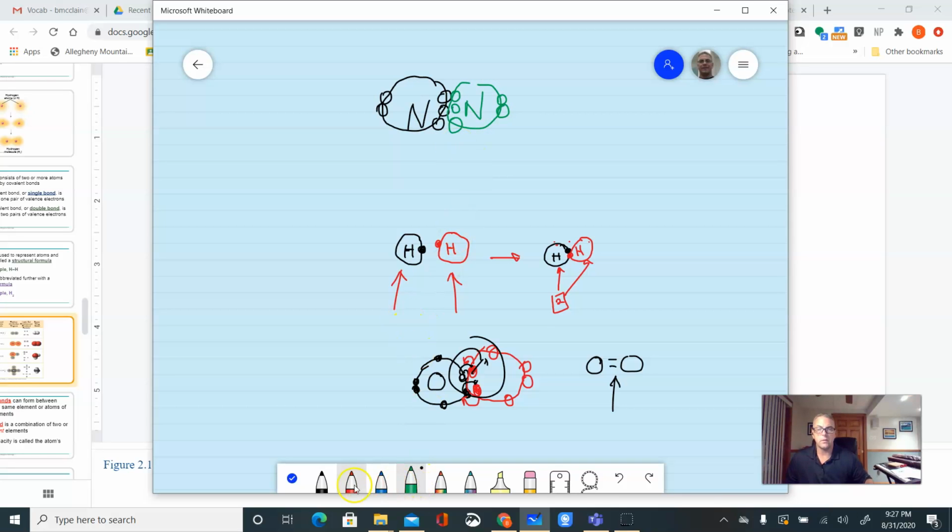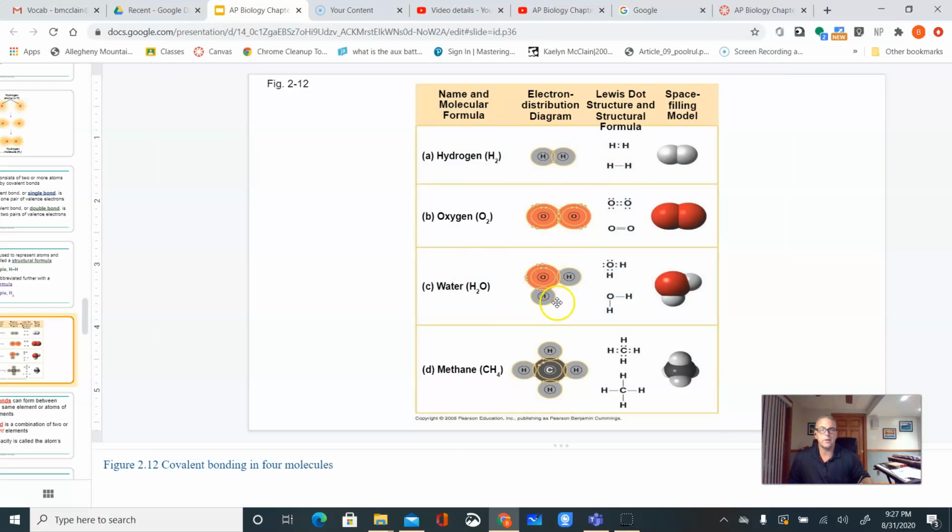Okay, so if we're sharing each of these right here, let's take a look at it. 2, 4, 6, 7, 8. 2, 4, 6, 7, 8. So nitrogen, triple bond. Okay, so those are some things that we will see absolutely as we go through there and we study some different options on that.